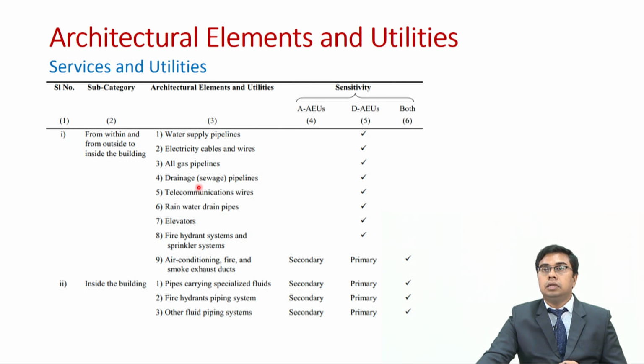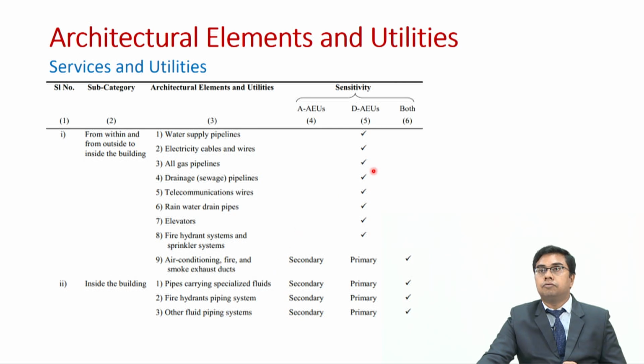We can have drainage sewage pipelines, we will have telecommunication wires, we will have rainwater drain pipes, elevators, fire hydrant systems and the sprinkler systems, air conditioning, fire and the smoke exhaust ducts, etc.